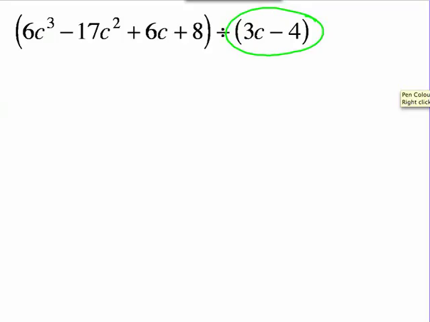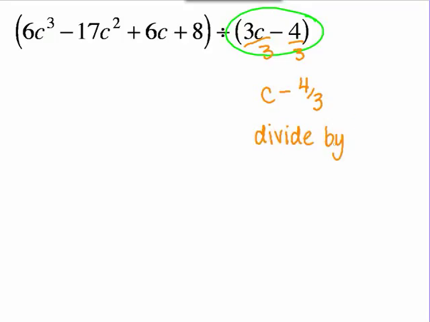So I would divide by 3. Then I get c minus 4/3. So what's the number I divide with on the outside? 4/3, which is the opposite of that. And that's the nice thing, you could use long division on these problems as well, or you could use synthetic division.